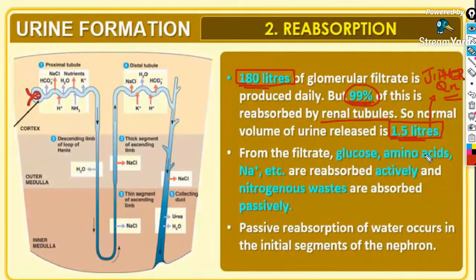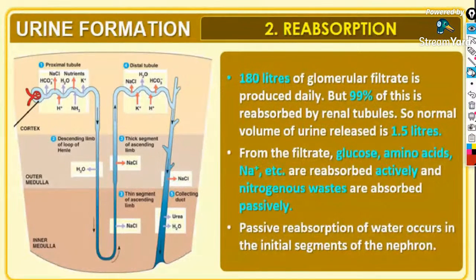And they will ask, what are the components of the glomerular filtrate? That's an important question. You have to say that the glomerular filtrate consists of glucose, amino acids, sodium ions, etc., which are reabsorbed actively, and the nitrogenous wastes are absorbed passively.